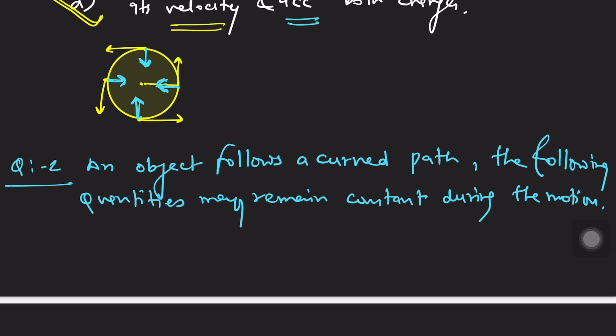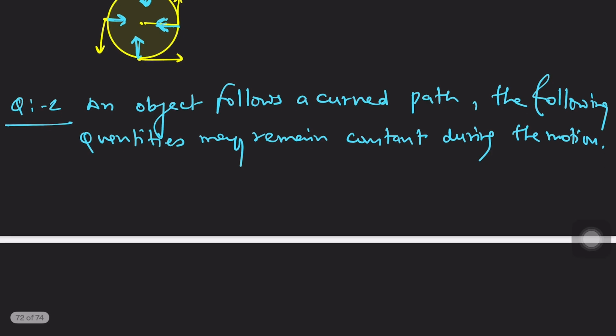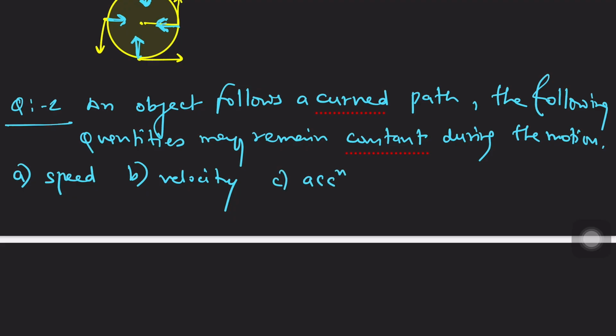So here they are saying, it is of course Objective 2, so there are multiple options that could be correct. The options that they have given are: A, speed; B, velocity; C, acceleration; and D, magnitude of acceleration.